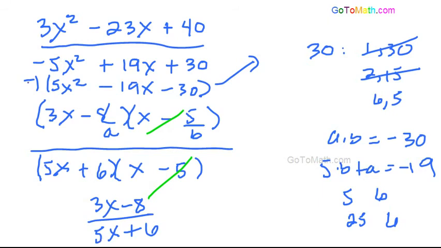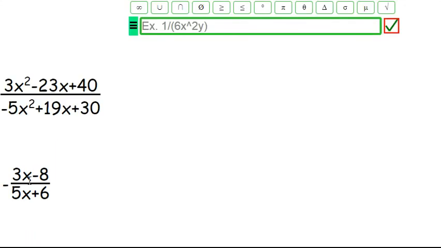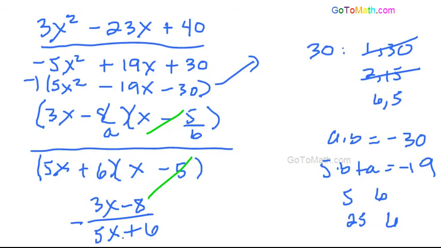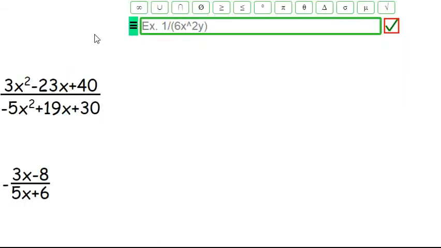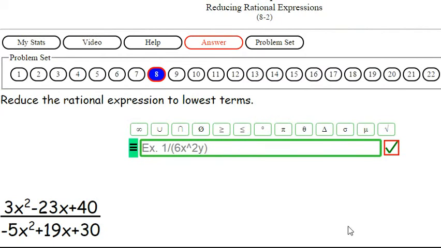We factored out the negative, so we're going to pull that out and put that right over here to the side. Forgot about that. 3x minus 8, 5x plus 6. Yep. I do this stuff on the fly. Nothing's worked down in advance. Alright, so see you later in the next problem.